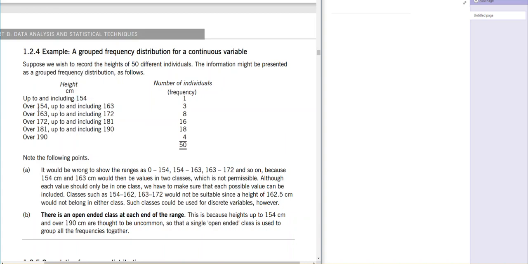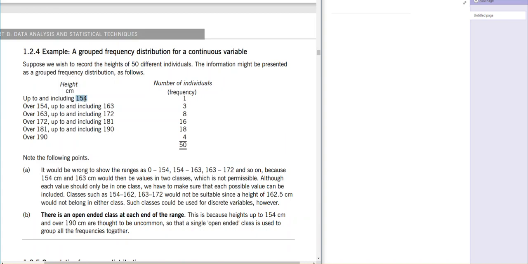And the next one starts from 154, but it says over. It doesn't start from 155. It starts from 154 over. What it means is that if our data is 154 point something, it will come here. If it is exactly 154, it will come here. So we don't do that with discrete data because it is not expressed in points.